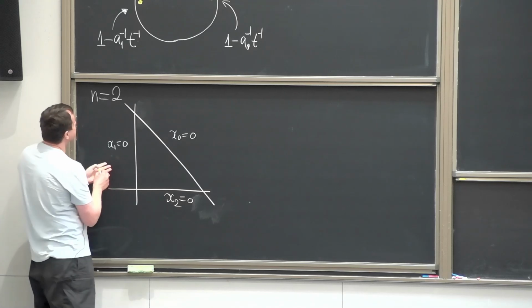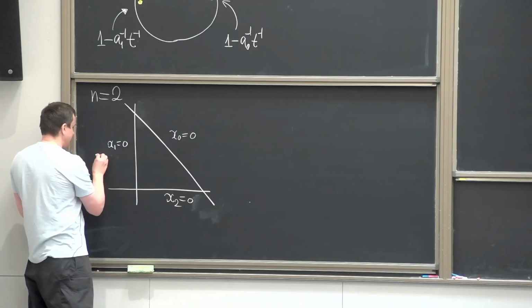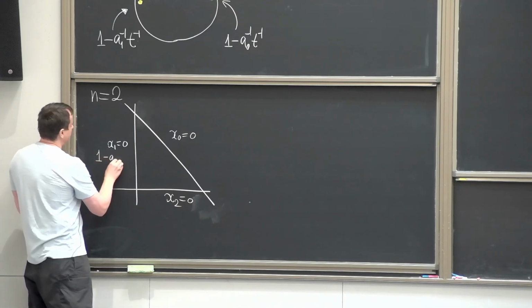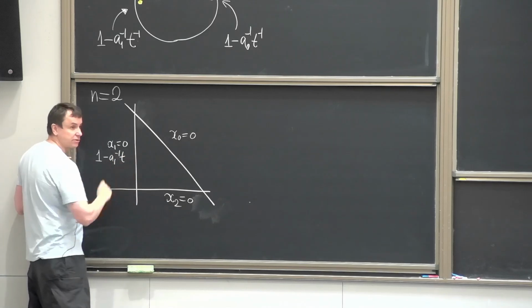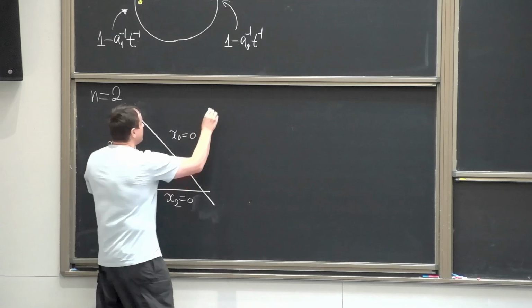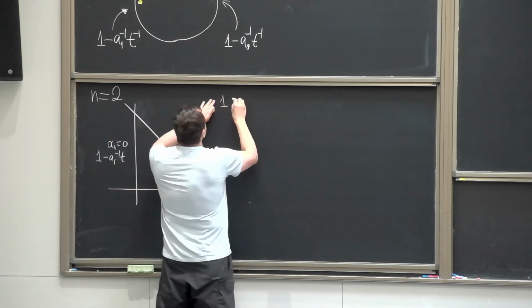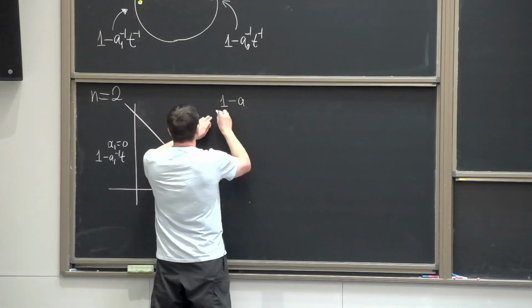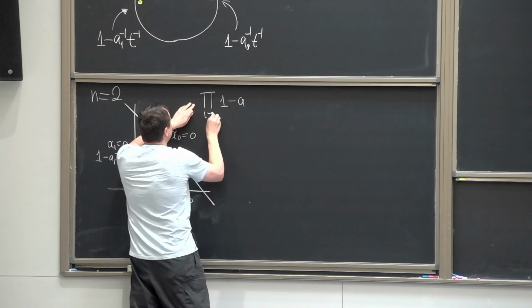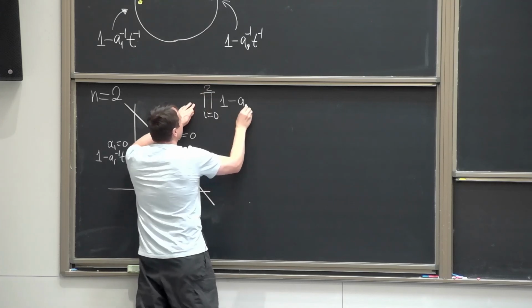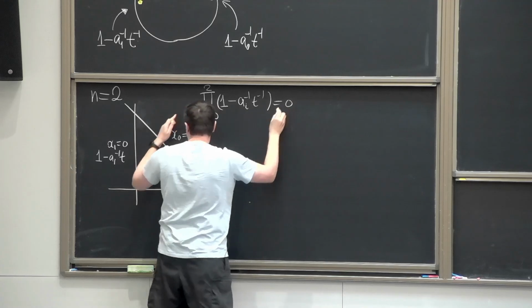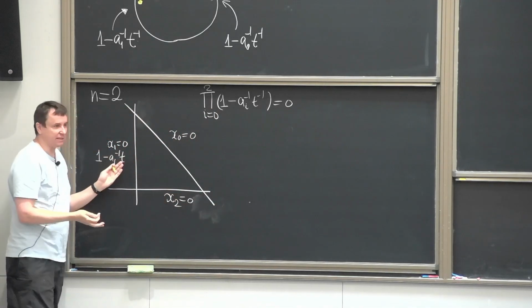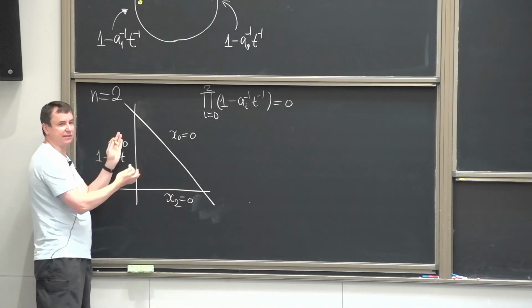The class of that is 1 minus A1 inverse T inverse, and similarly so on and so forth. And so the equation that the product from i equals 0 to 2 of (1 minus Ai inverse T inverse) equals 0 reflects the geometric fact that if I take the intersection of these three lines, that is empty.